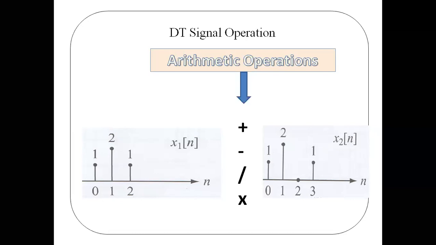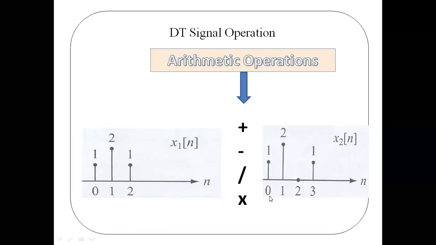Let us try to add both signals. In order for us to add the signals, you must be very careful with n, because the addition, subtraction, or all these arithmetic operations involve the processes at the respective n value. If you want to add the signals, you have to consider the same n.